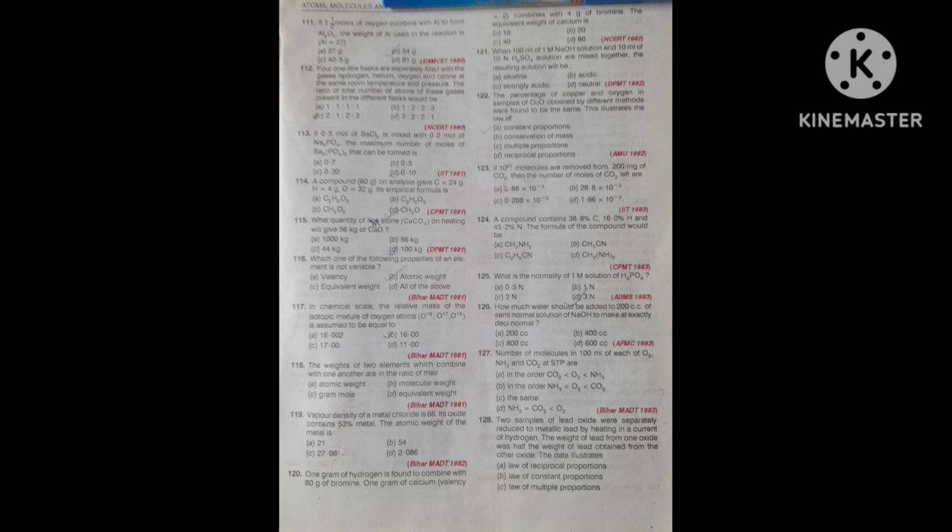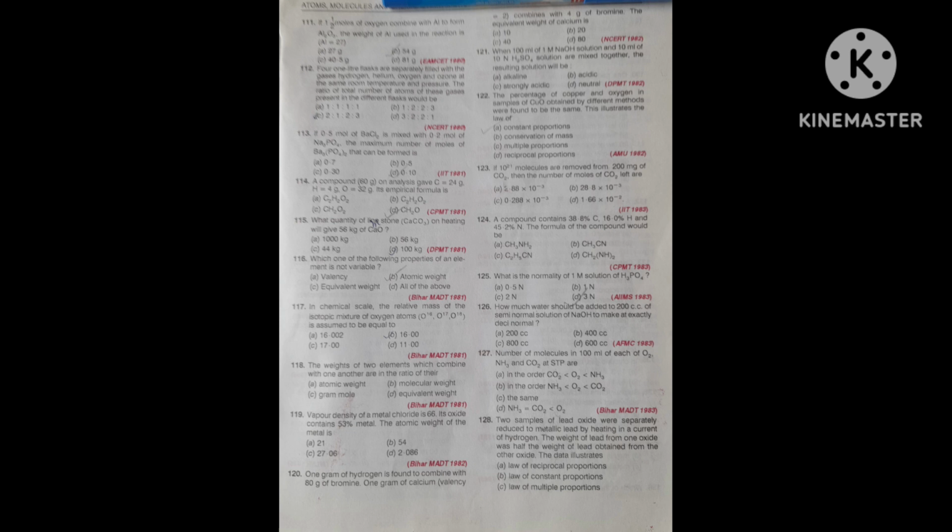First option, in the order CO2 is less than O2, O2 is less than NH3. Second option, in the order NH3 is less than O2, O2 is less than CO2. Third option, the same. Fourth option, NH3 is equal to CO2, and CO2 is less than O2.